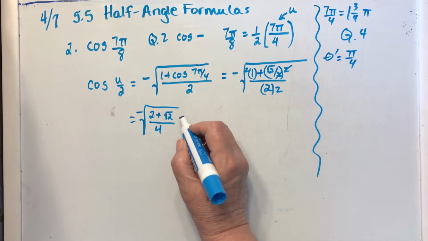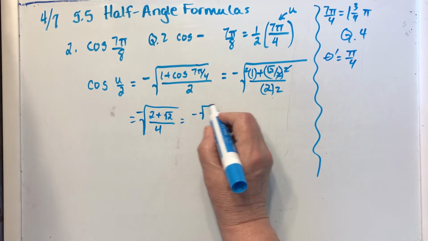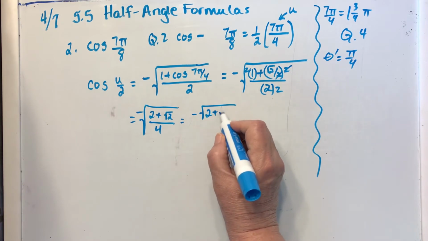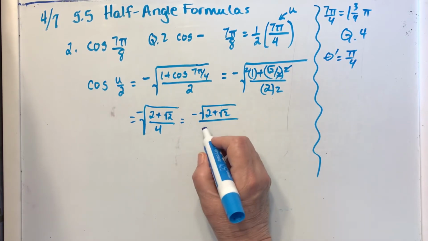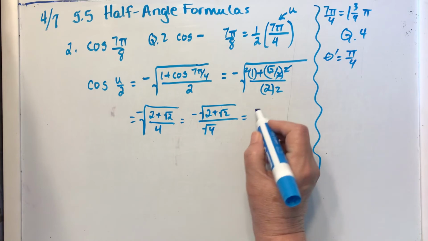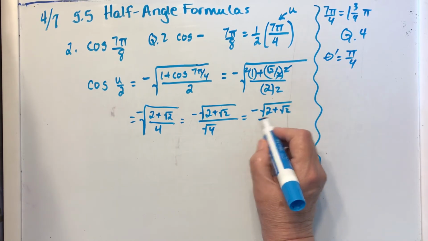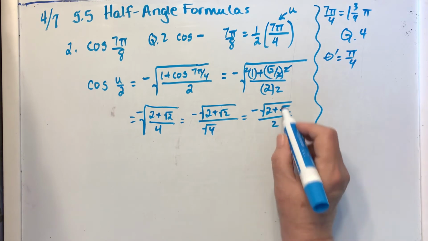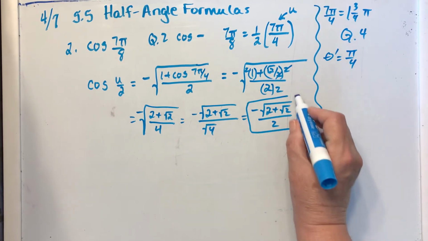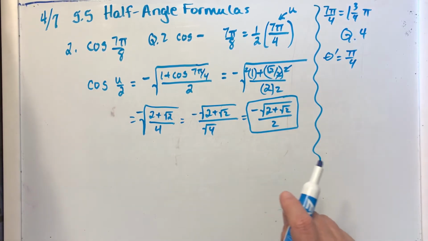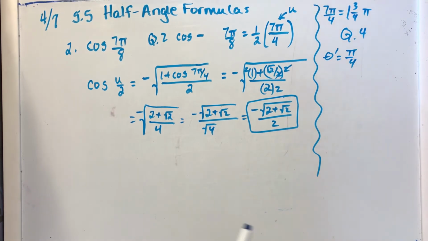The denominator is 4. Give the numerator and the denominator their own square root. And our final answer is negative square root of 2 plus the square root of 2 all over the square root of 4, which is 2. And again, these answers are going to look a little different. So there's example 2.